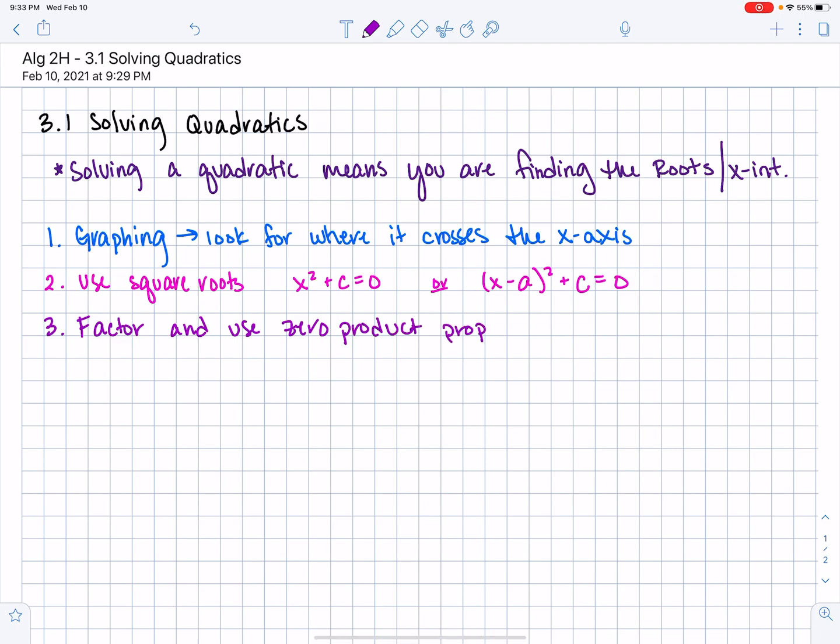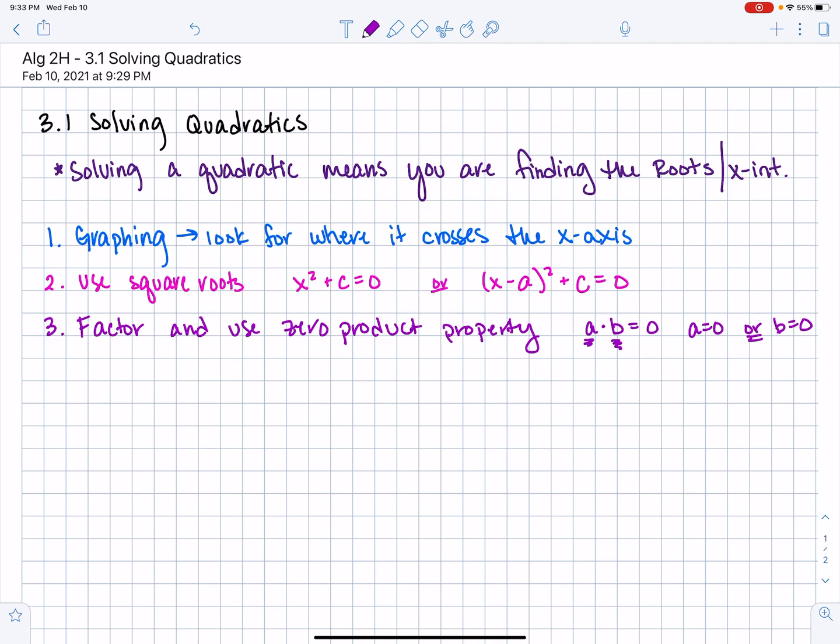And that zero product property states that if you have two or more things that are multiplied together, so you have a product that equals 0, well then either this a has to equal 0 or this b has to equal 0. That's the only way this equation would equal 0. So we would say a equals 0 or b equals 0, right? Two things multiplied together equals 0, then one of them has to be 0.